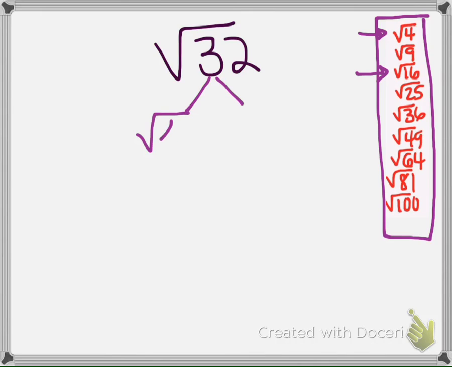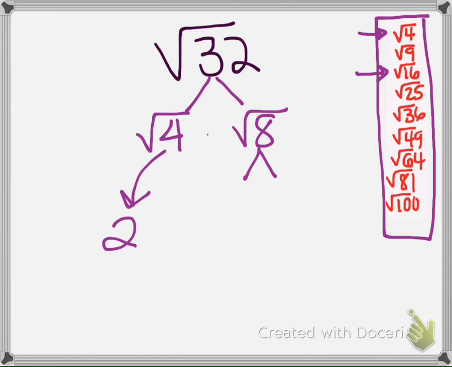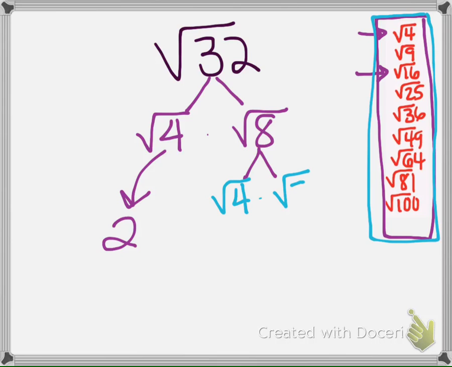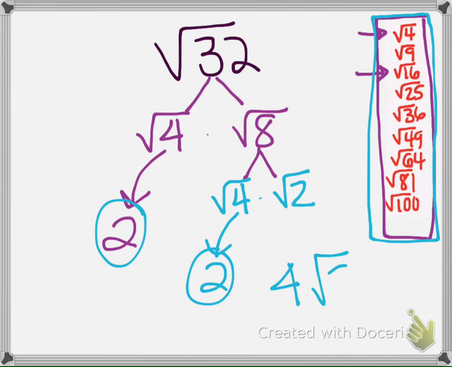The square root of 4 times the square root of 8 is 32, and the square root of 4 is 2. Then we have to simplify square root of 8 because there is a number on our list over here that can go into 8. So we have square root of 4 times square root of 2. Square root of 4 is 2. So 2 times 2 is 4 radical 2.